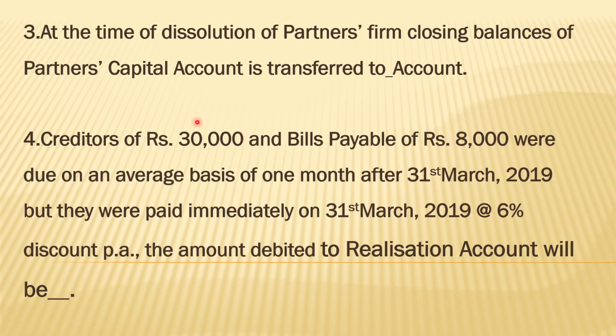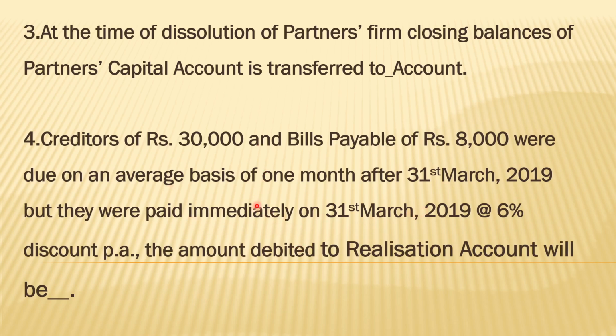One amount is 30,000 to the creditors, another, bills payable, is 8,000. It is due on an average basis after 1 month. That is, from 31st March, after 1 month means we should pay on 30th April. But as the business is being closed as on 31st March, we have to pay in advance.